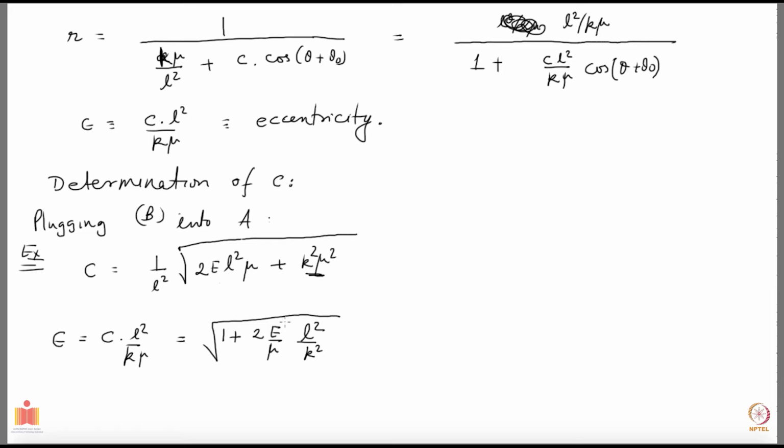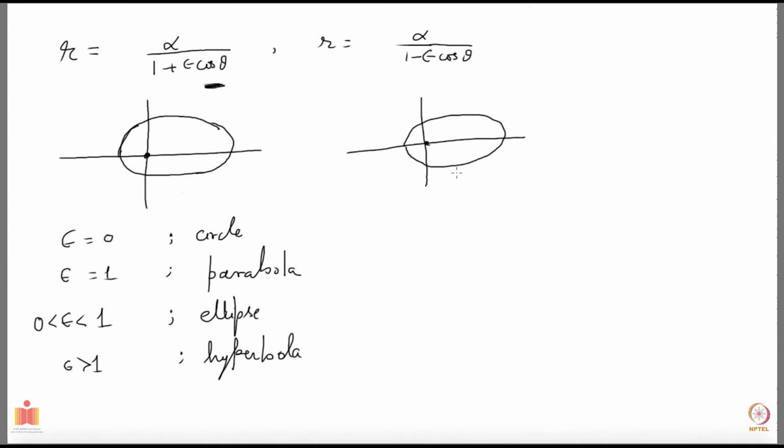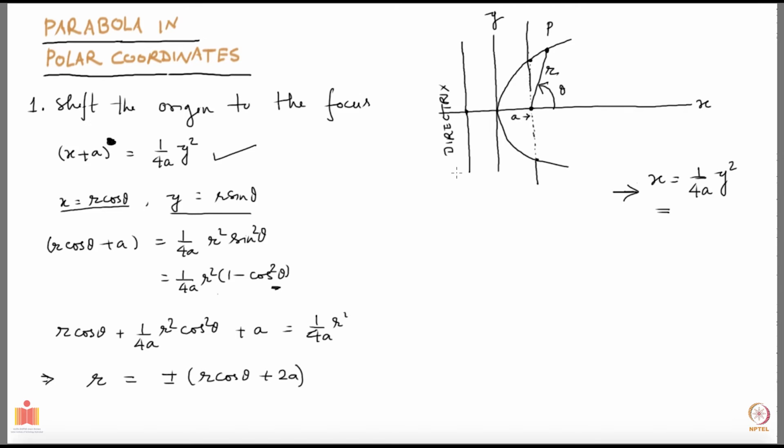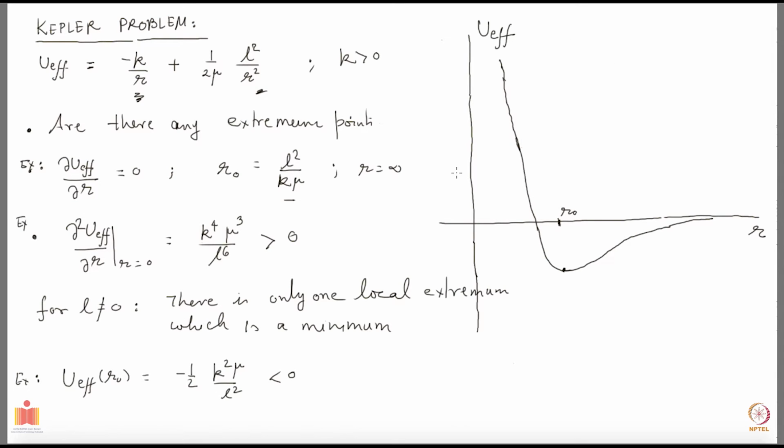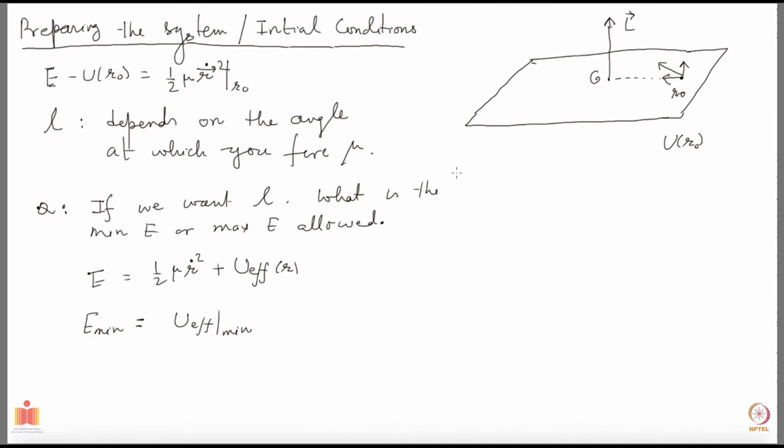Now let's look at our orbits. You remember the minimum energy that this system can take. Let's go back and find it.